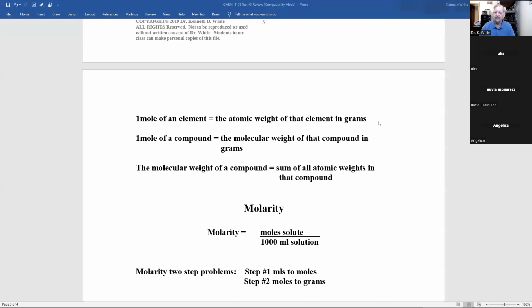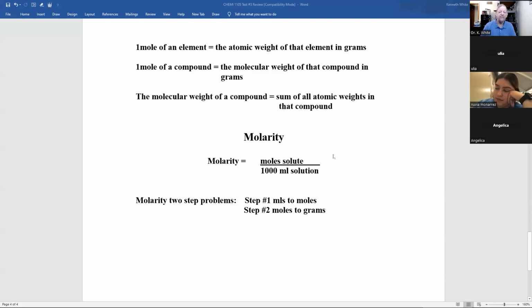All right. If we look, we have molarity equals moles of solute per 1,000 milliliters solution. I'm going to go through another practice problem today, and tomorrow I'll go through the whole solutions chapter 5, part 2 practice problem.